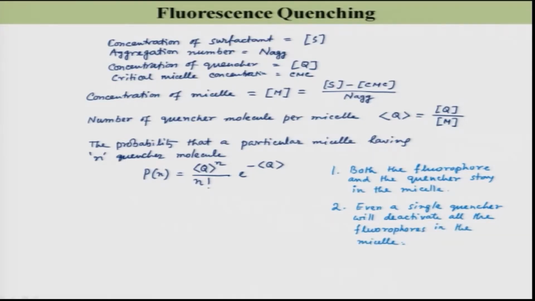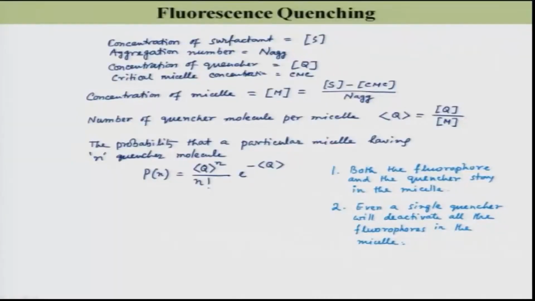In this case, I will not create such a situation at all. I will use a low fluorophore concentration, so that each micelle will have, on average, less than 1. It means that some micelles will have a fluorophore, some will not, right, but I will use more quencher. That means the micelles which have a fluorophore must contain a quencher.